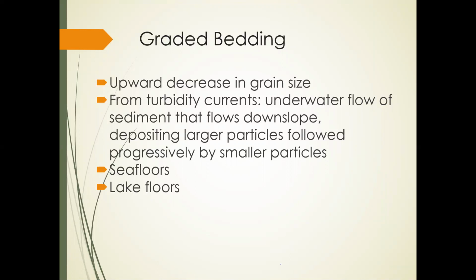When they come to the flatter area, the larger size material will drop out first. Then in the sequence, smaller and smaller particles will be dropped out. We call that graded bedding because the particles are graded in accordance with size.